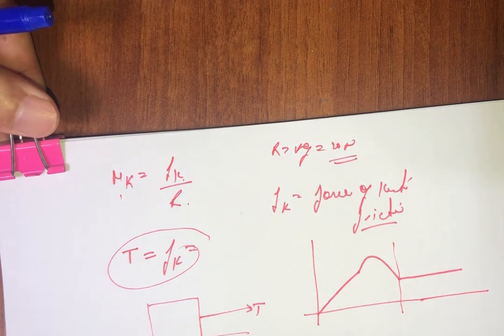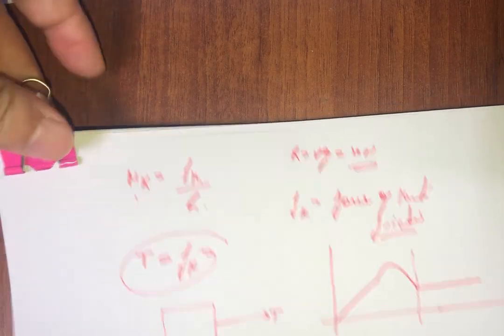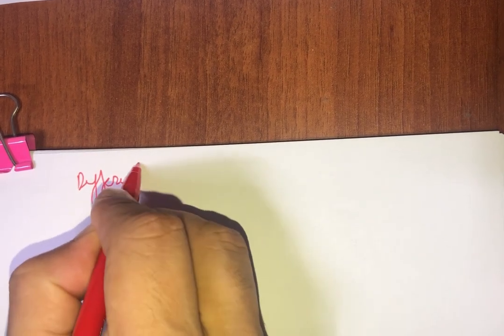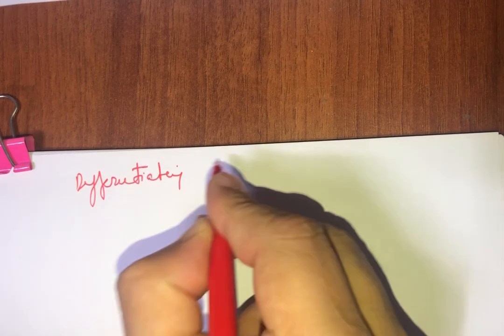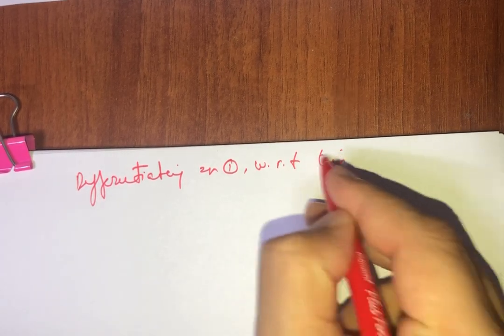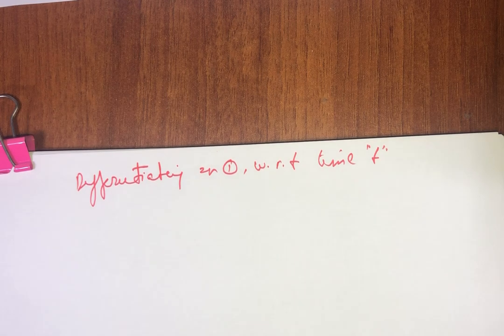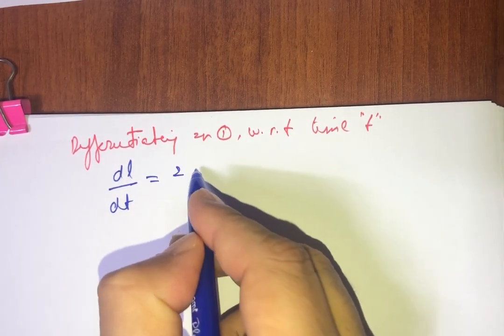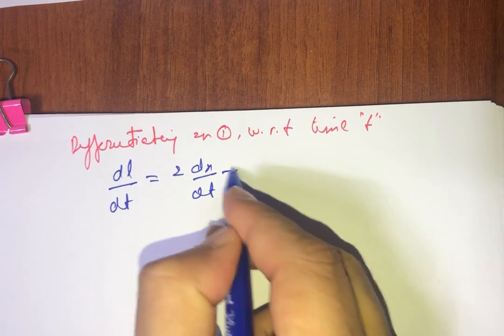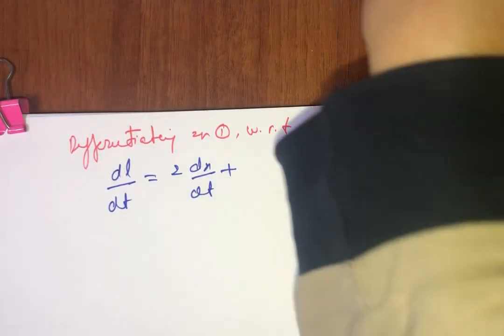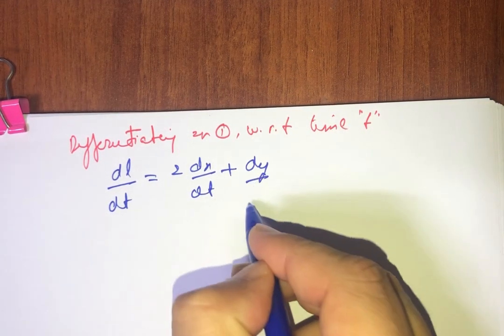So differentiating equation 1 with respect to time t, we get dL by dt is equal to 2 dx by dt plus dy by dt.